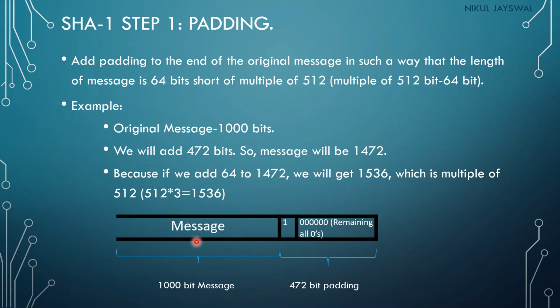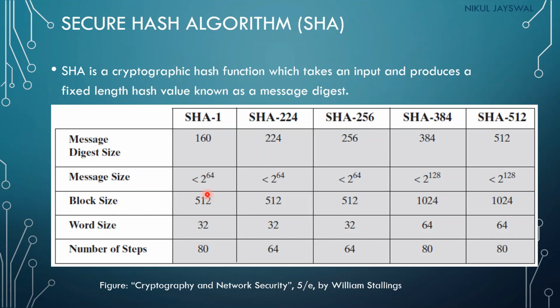Now in the padding, in SHA-1, the size of the message must be a multiple of 512 bits. Clear? You can see here we take the block size as 512. So we divide our message into a particular block size, and the length of the message must be a multiple of 512 bits.